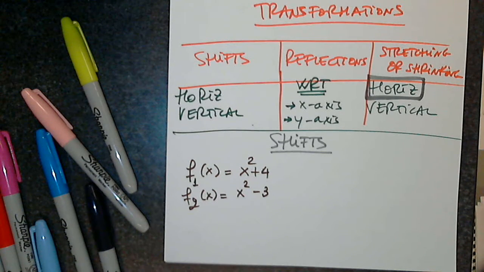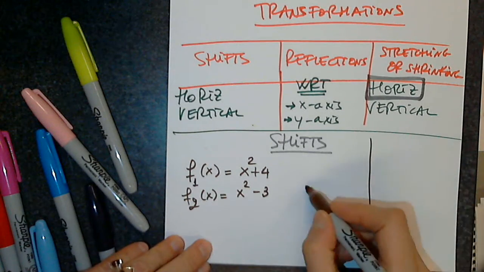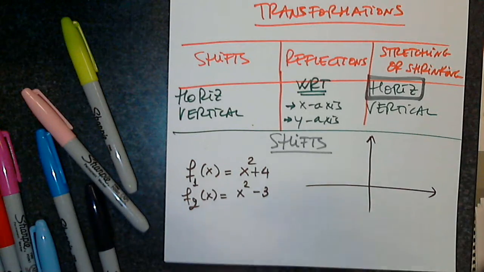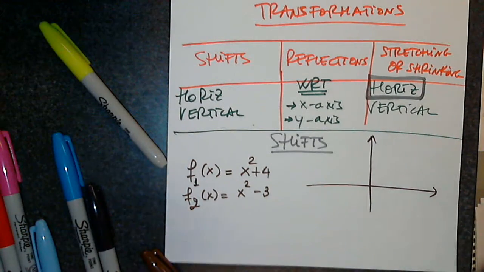Which base function or basic function was used in creating f1 and f2? The absolute value? No. The square root? No. A rational function? No. Specifically, which one? Right, of course. So now if I graph x squared, this is what I see.